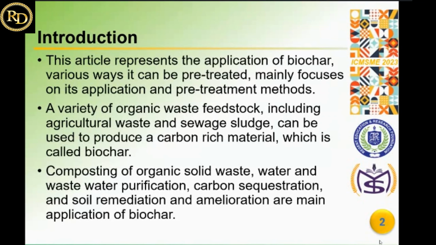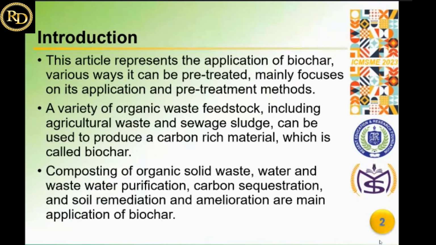One of the ways the organic waste can be recycled into something useful is biochar. Biochar is a highly carbonaceous compound which has been made by pre-treating the material and then using pyrolysis.